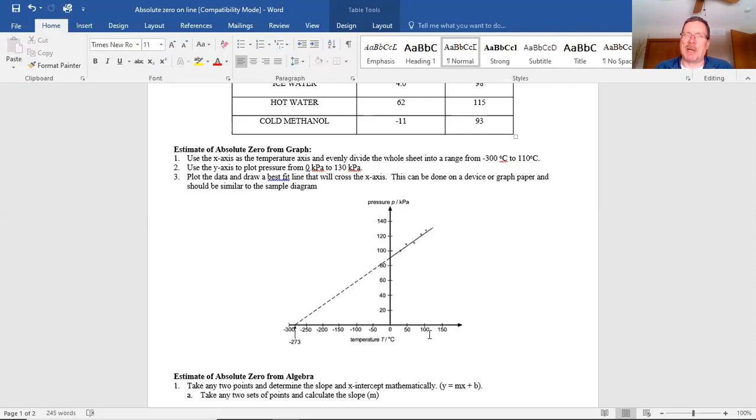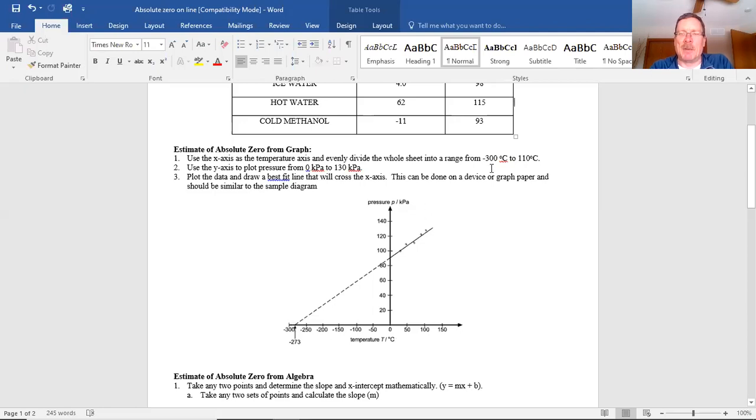If it's 8 by 11 paper, do it on the 11. You want to spread out from end to end as much of that graph paper as you can. The larger the graph is, the more it will spread out the data and give you a better line, as opposed to crunching it all together. So if you're drawing this by hand or you're plugging it into the computer, either way, your x-axis will be the temperature line.